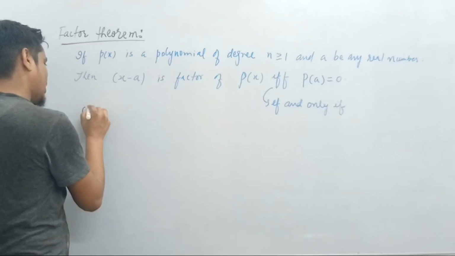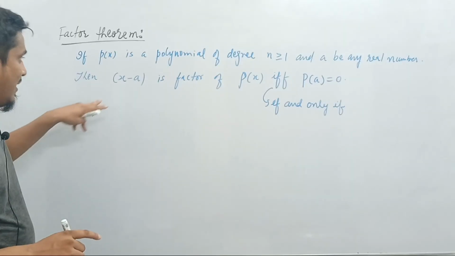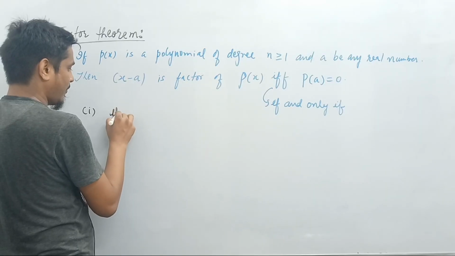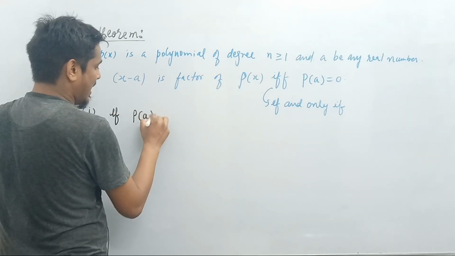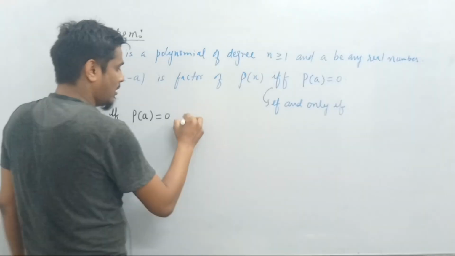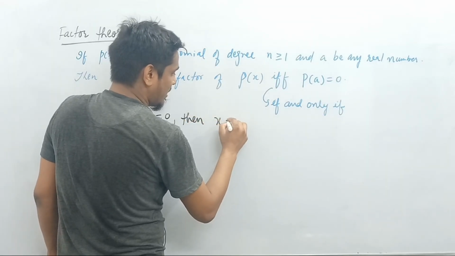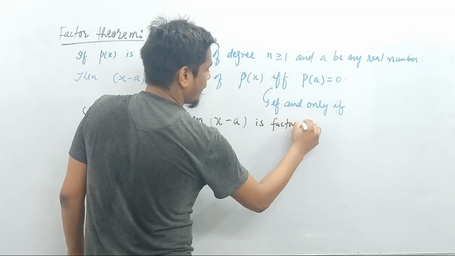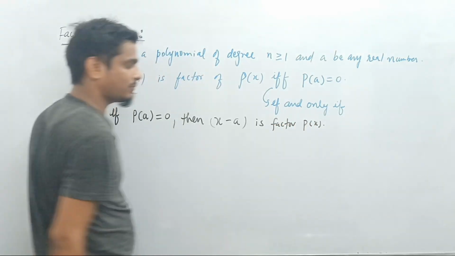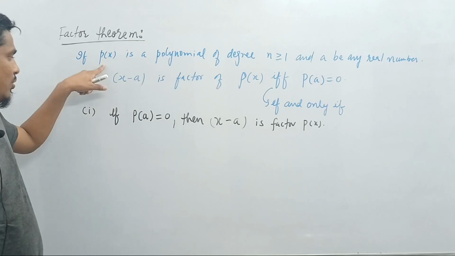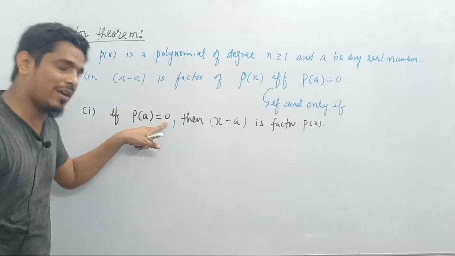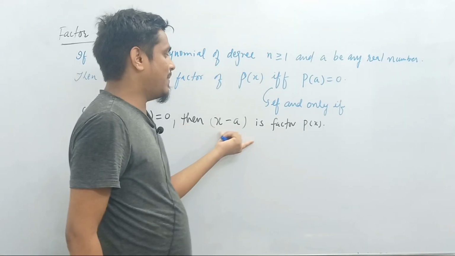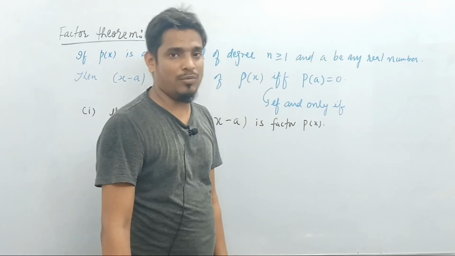We need to look into these two conditions for this factor theorem. It says that if p(a) is equal to 0, then x minus a is a factor of p(x). It means for any polynomial at x equal to a, if we are getting the value of the polynomial as 0, then in that case x minus a will be a factor of the polynomial p(x).